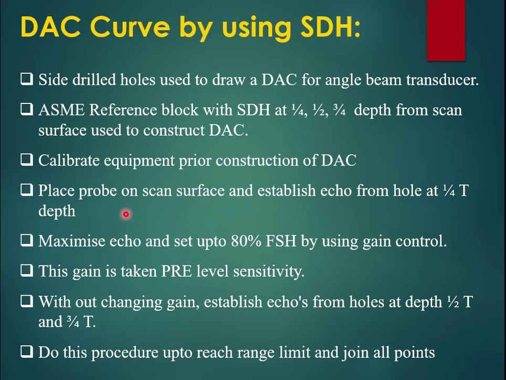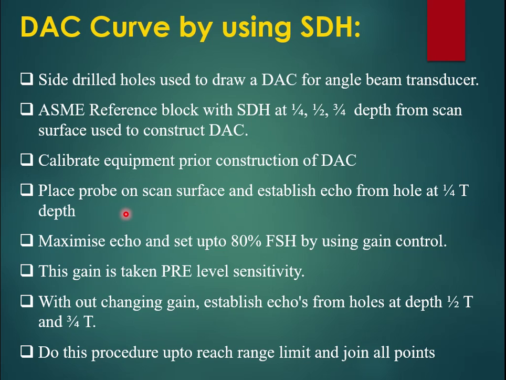Whatever the amplitude size, raise the amplitude to 80% of the full screen height by increasing or decreasing the gain control. You have to set the first point to 80%.